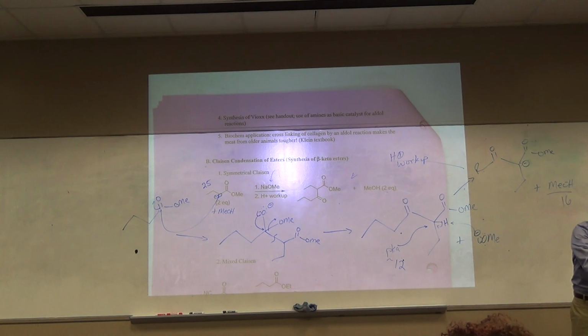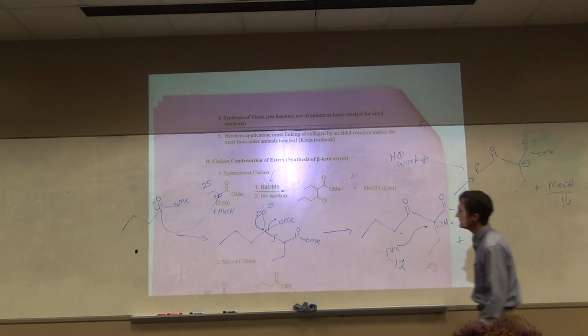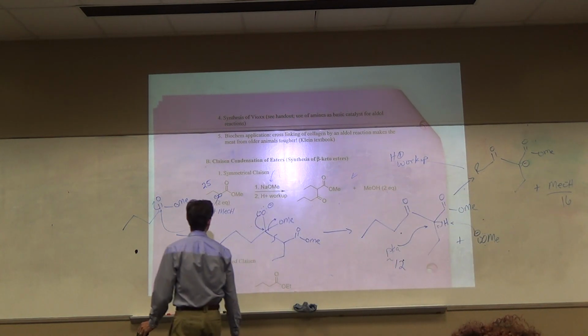Question? Why is it 2 equivalents of methanol at the end? Where's the other one coming from? The very beginning. You actually make one methanol right at the beginning. You start with one, then you make one, right?